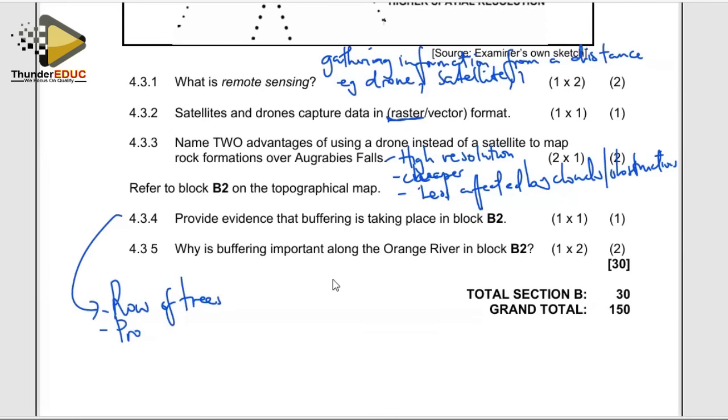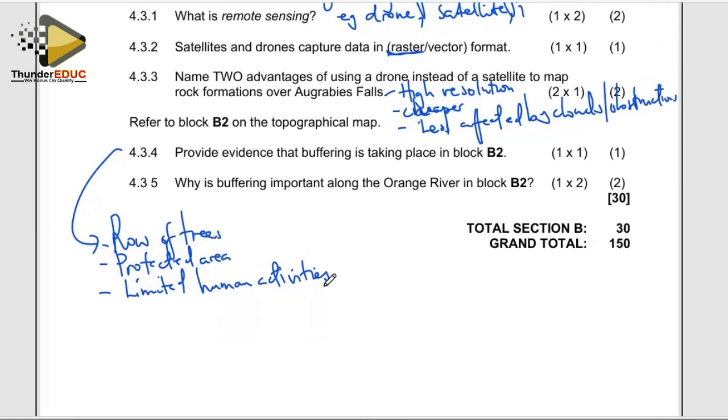We can also look at the protected area to limit development, and also we can look at limited human activities, which means they are restricted.